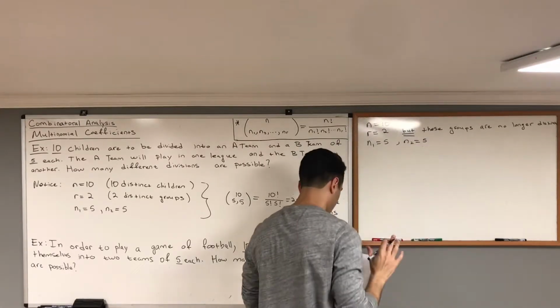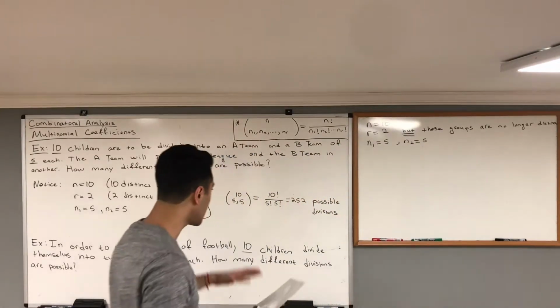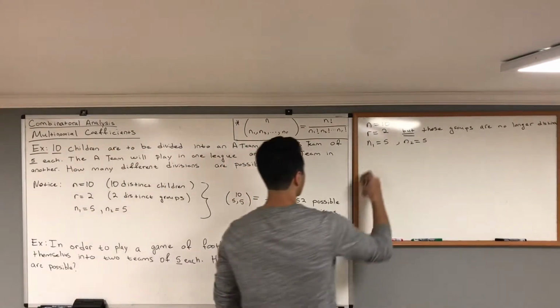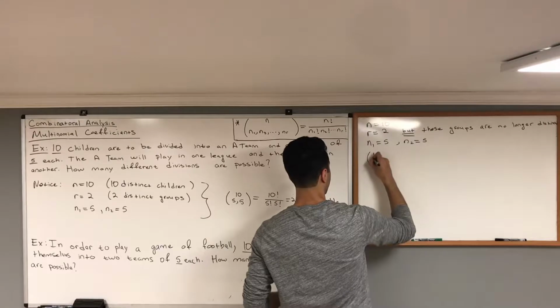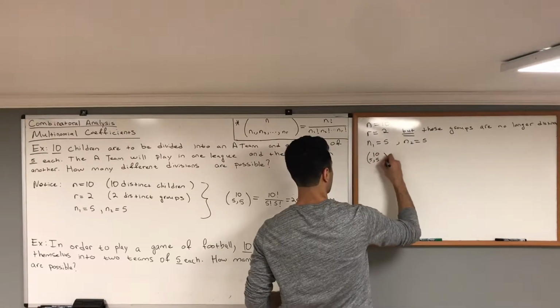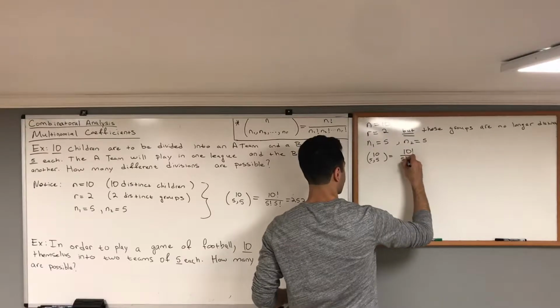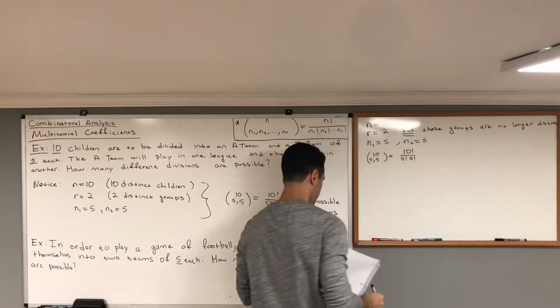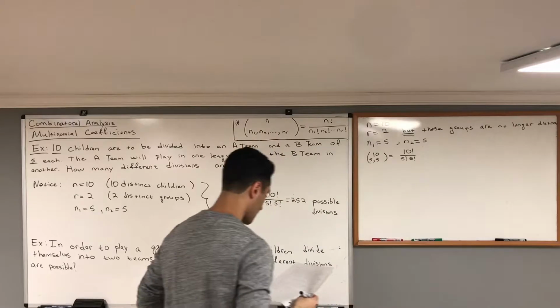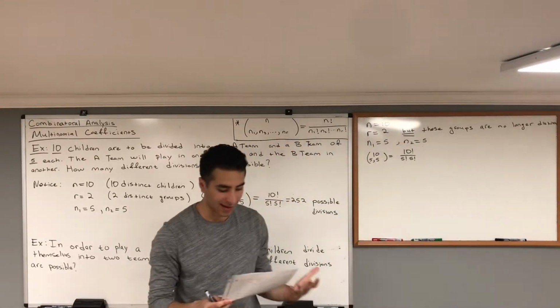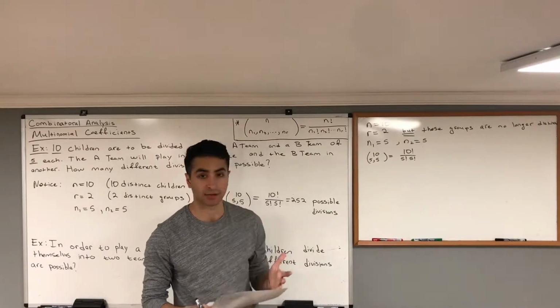Okay. Now, if we were to solve that problem like this, you would still have 10 choose 5, and then you would come up with 10 factorial over 5 factorial times 5 factorial. But because the order of the 2 groups doesn't matter, we're actually overcounting, right?